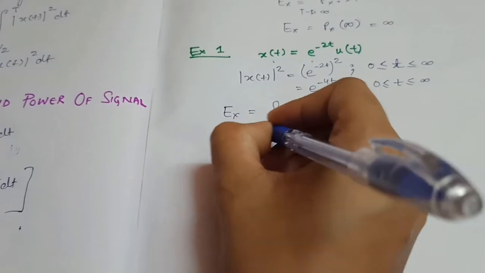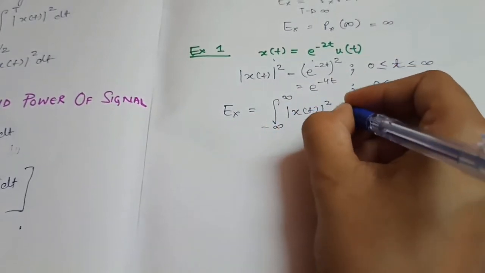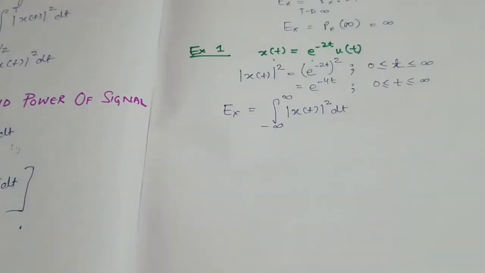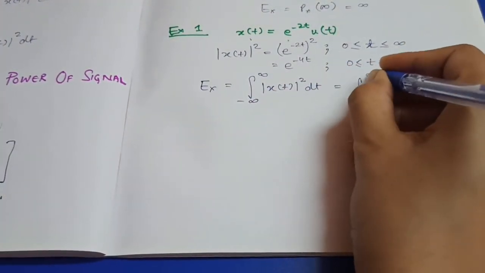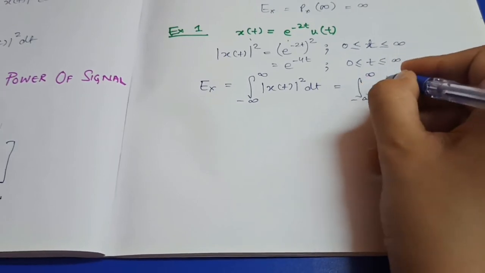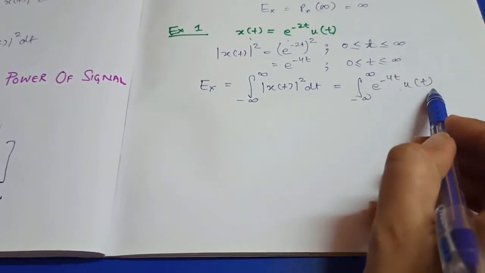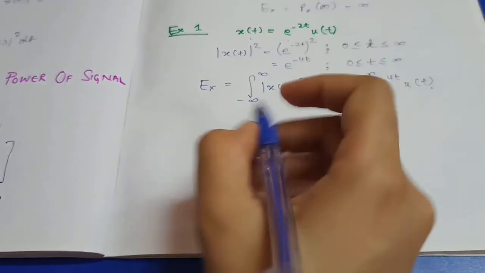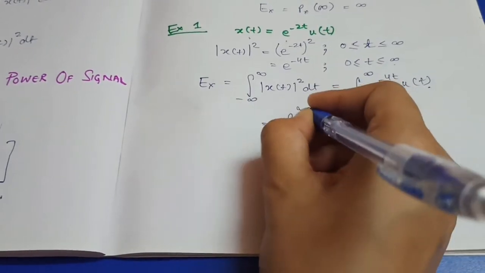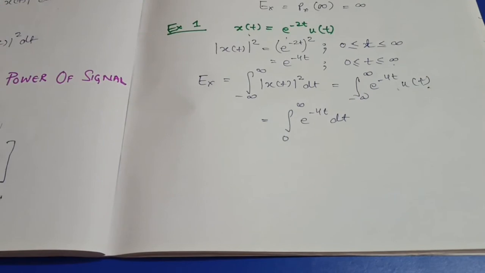Ex, which is simple integration of x square dt, right? So just calculate it. For the u(t), I'm just taking the limits from 0 to infinity, right? So the limits have changed now and the signal becomes this.